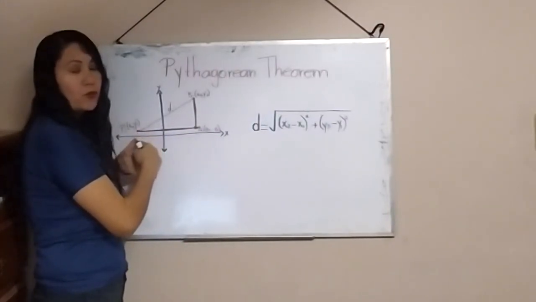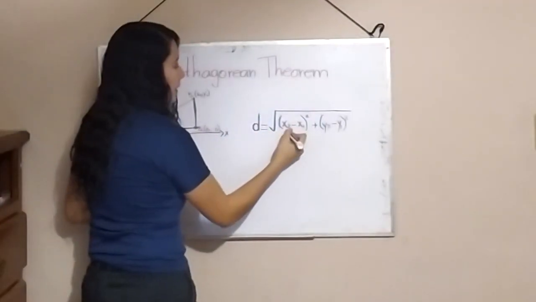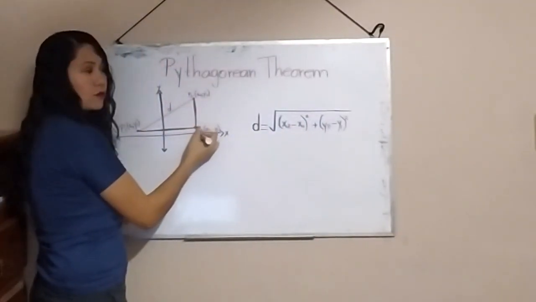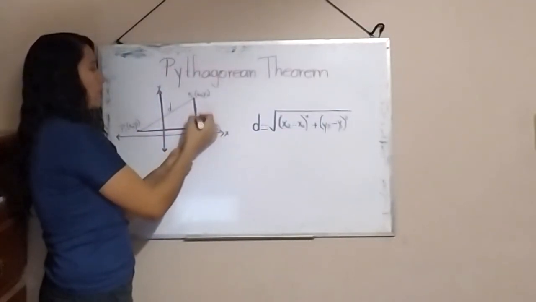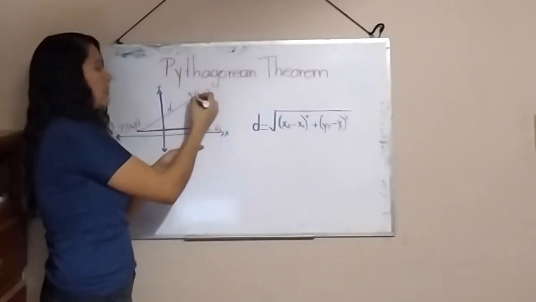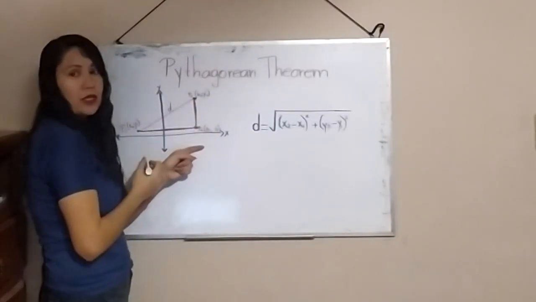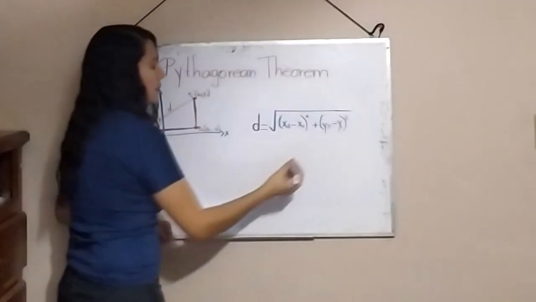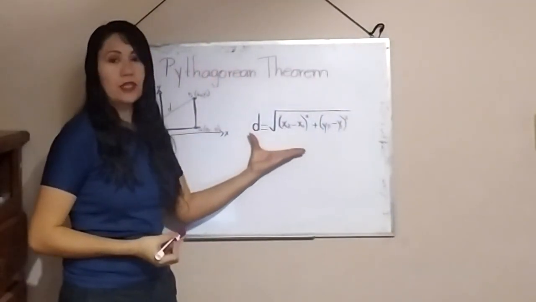It is how much it moves in the x-axis. That is why the distance is the difference between x2 and x1. Now, what is the distance between point 3 and point 2, which would be the other leg of the triangle? It is the difference between y2 and y1, in the y-axis.